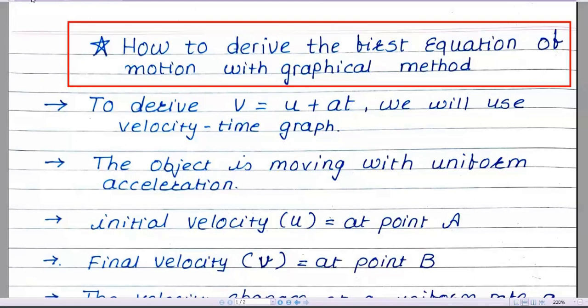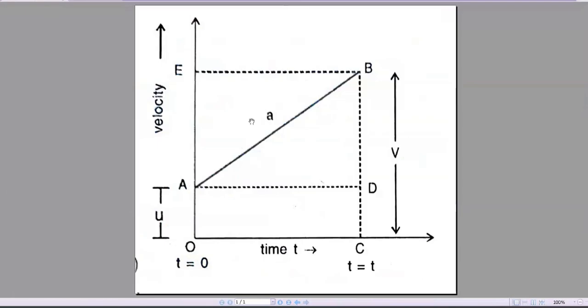So, look at this graph. From this graph, you can see that initial velocity of the object is u. This is u.